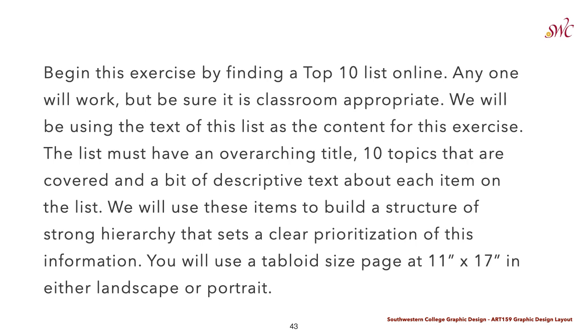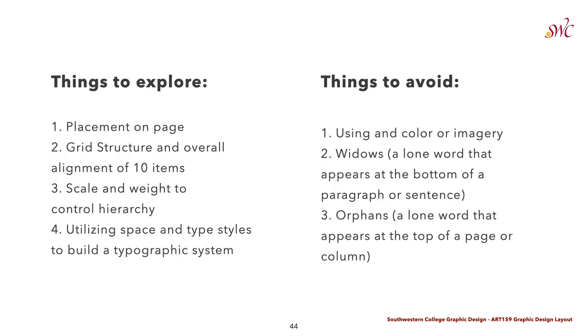We will use these items to build a structure of strong hierarchy that sets a clear prioritization of this information. The format for this project is going to be a tabloid size document, which is 11 inches by 17 inches. You can use either landscape or portrait, meaning it can be either horizontal or vertical in the actual layout itself. A couple of things to explore are, one, the placement on the page, so how this information is going to be organized.